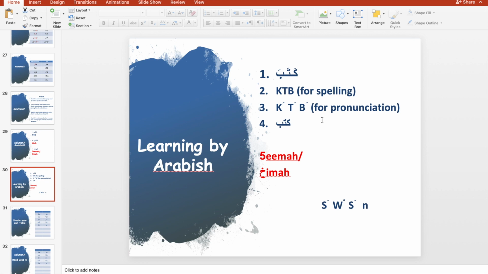So it's so important for you to add harakat so you can pronounce anything correctly. Finally, step number 4, again, replace the English consonants with Arabic consonants one by one. I'm sure by doing those steps, you wouldn't make any spelling or pronunciation mistakes. And you can easily memorize your vocabulary.